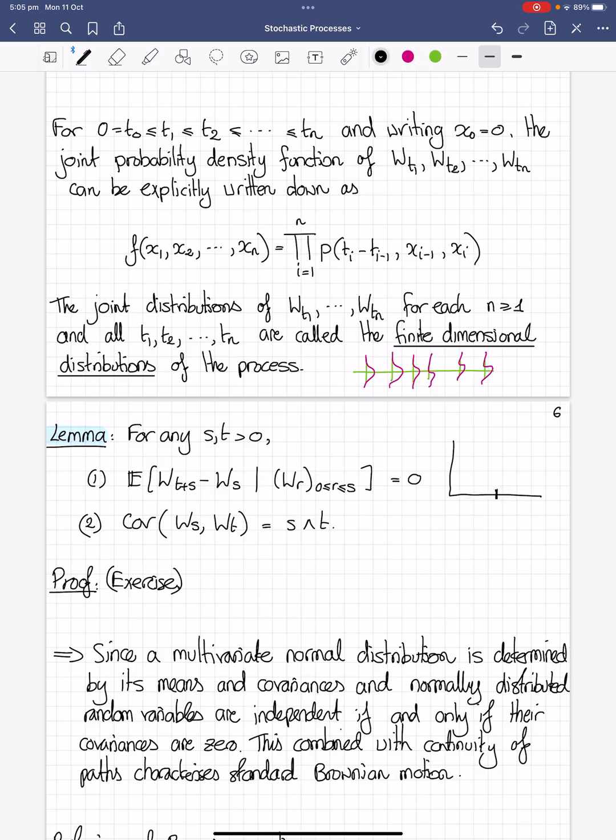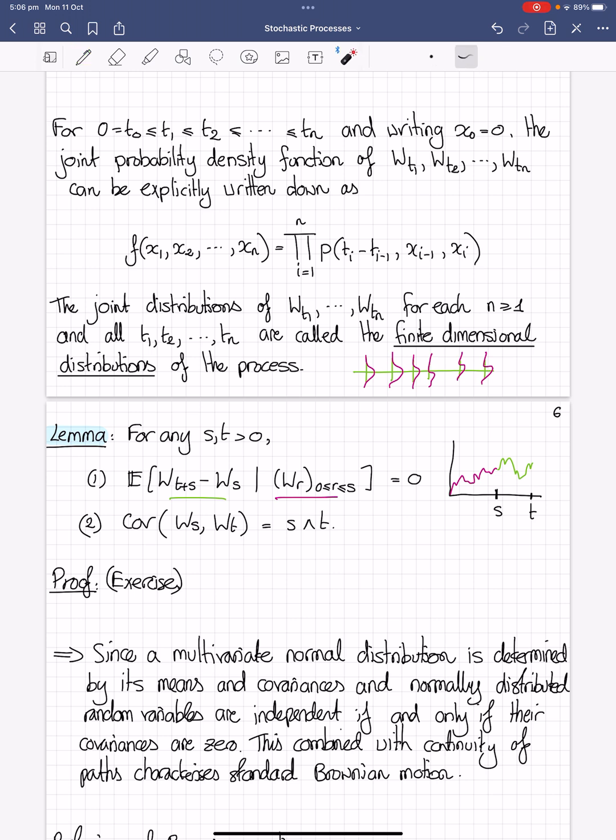We have the Brownian motion path up to time s, and then the path between s and t. The conditional expectation of that increment, conditioned on the pink part, this is the pink part, and this is, in some sense, the green part here, is going to be equal to 0.